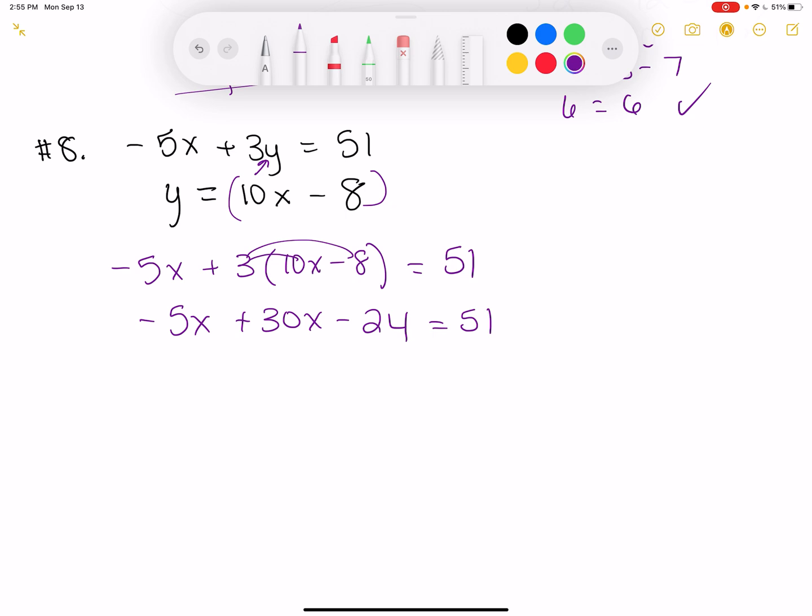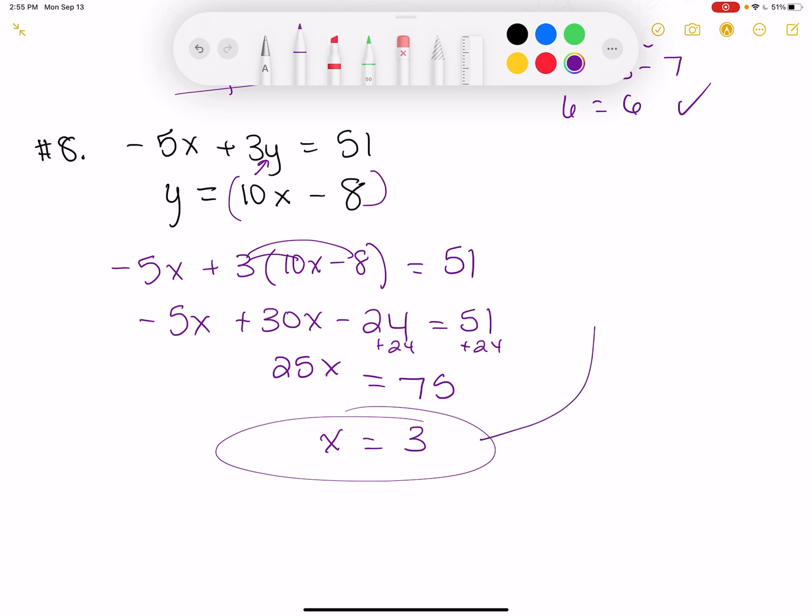Okay, I need to combine these like terms, so that's going to be 25x, and I'm going to go ahead and add this 24 over, all in the same step, again, just to save a line, is 75, so x is equal to 3.